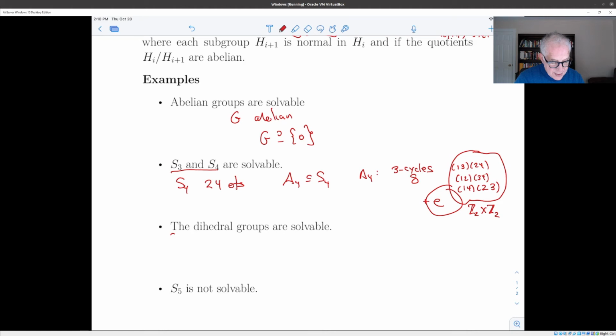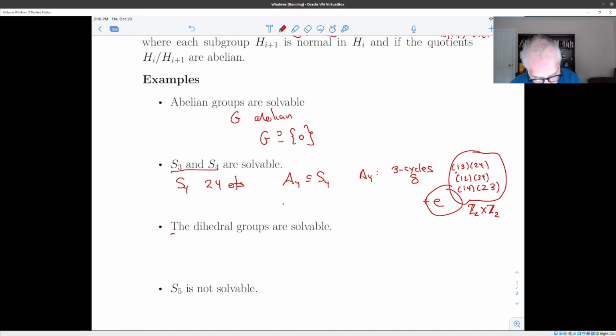And inside A4, it's a normal subgroup. And why is it normal? Well, it's normal because the cycle decompositions are preserved under conjugation. We know that. So if you conjugate one of these products of transpositions by a 3 cycle, you're going to get back another product of transpositions. And so under conjugation, this collection of things is preserved, and so it's a normal subgroup.